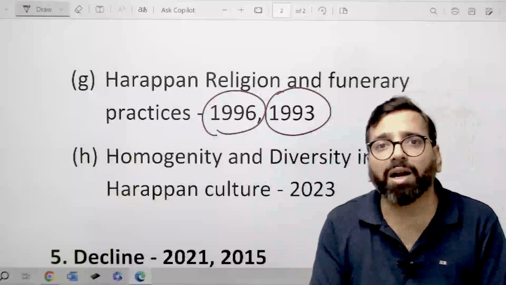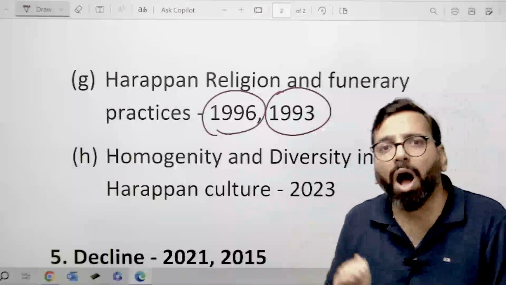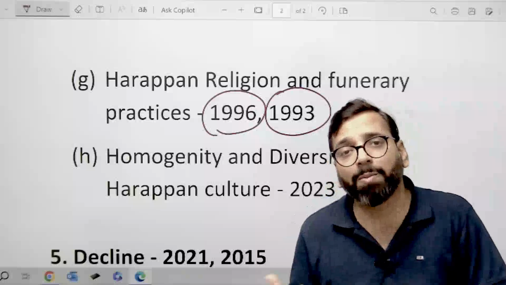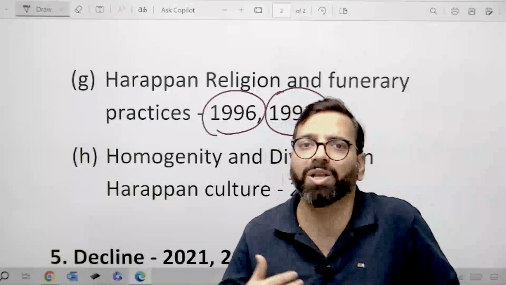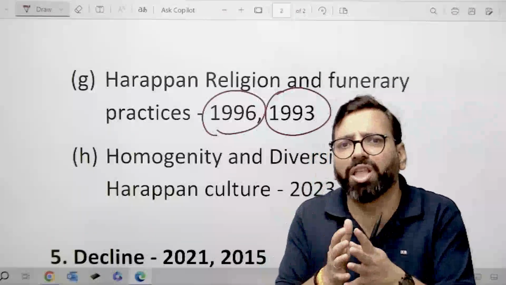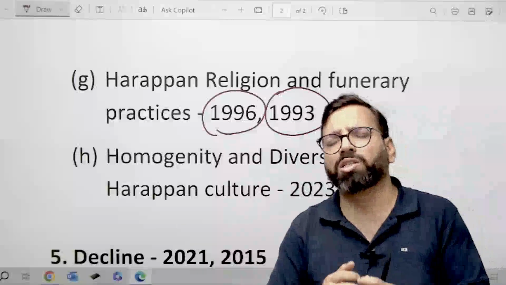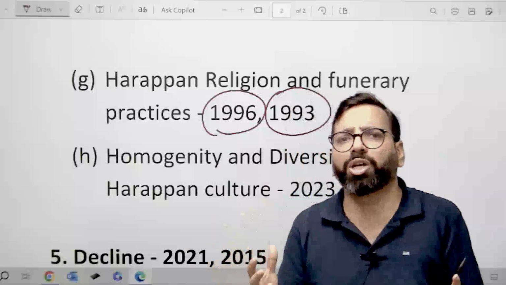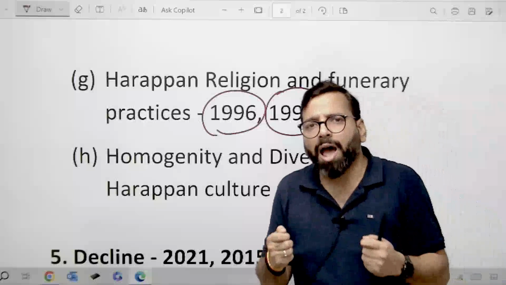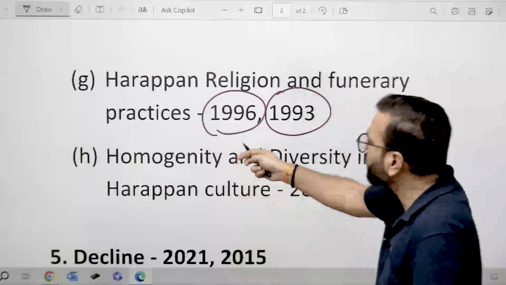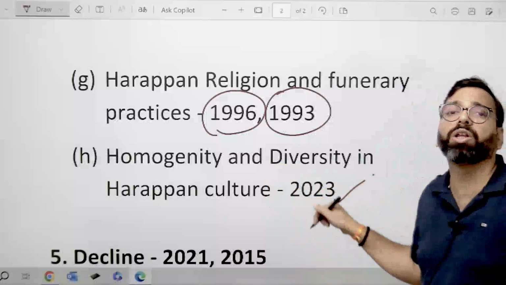Say in religious practices, at some places we found mother goddesses, at some places we did not find this, at some places we found fire altars, at some places we did not. So there are differences. It's not that this whole vast Harappan civilization had a completely homogeneous character, and that is what UPSC asked this year, 2023 May.